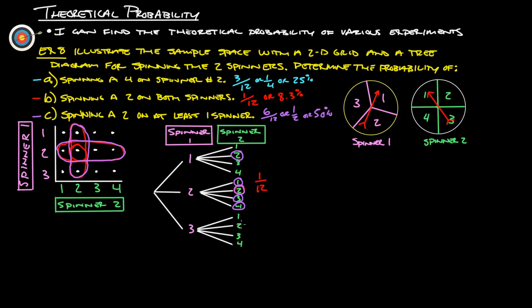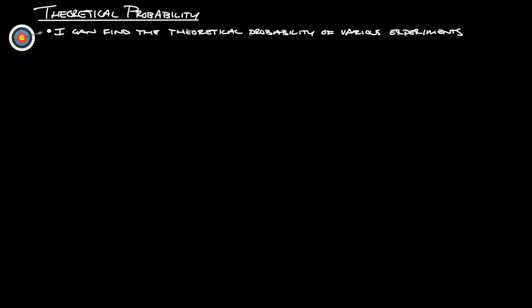And then here's a 2 after spinning a 3 on the first one, so that is 1, 2, 3, 4, 5, 6 out of 12 as well, which is 1/2 or 50%. Okay, so that's using the grid and the tree diagram to figure out the two possibilities. So it's kind of nice to look at this, then you can get your preference down as to what you like. Okay, it also depends on what kind of problem you have.